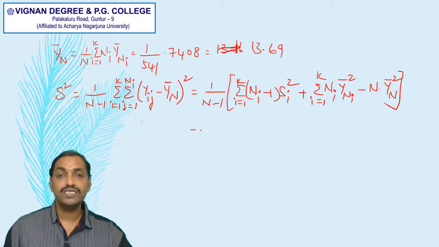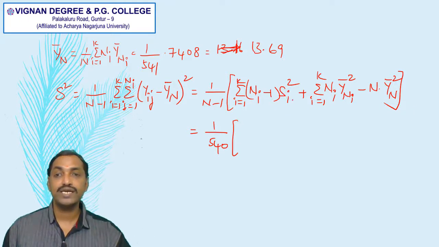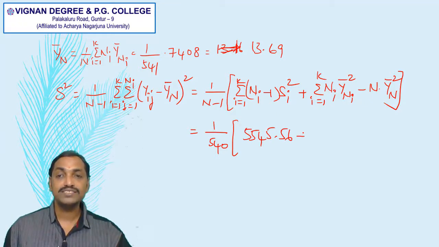So, this is equal to 1 divided by (541 minus 1, which is 540) into summation i equal to 1 to K of (Ni minus 1) into Si square, that is nothing but 5545.56, plus summation i equal to 1 to K Ni into Yni bar square, which is 119264, minus 541 into Yn bar, which is 13.69, whole square.